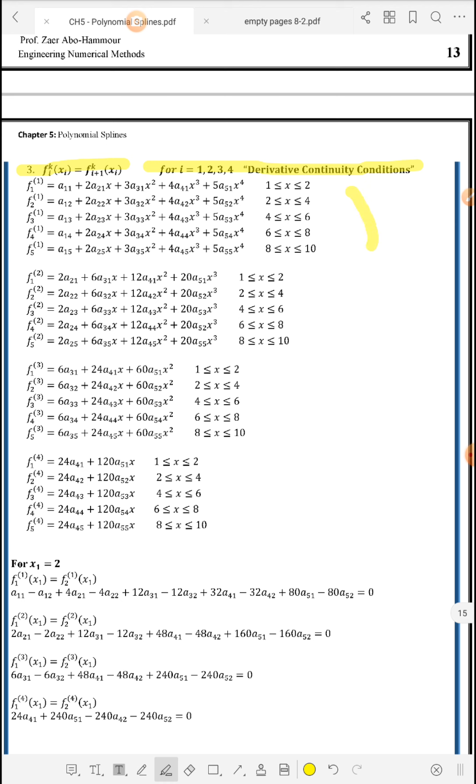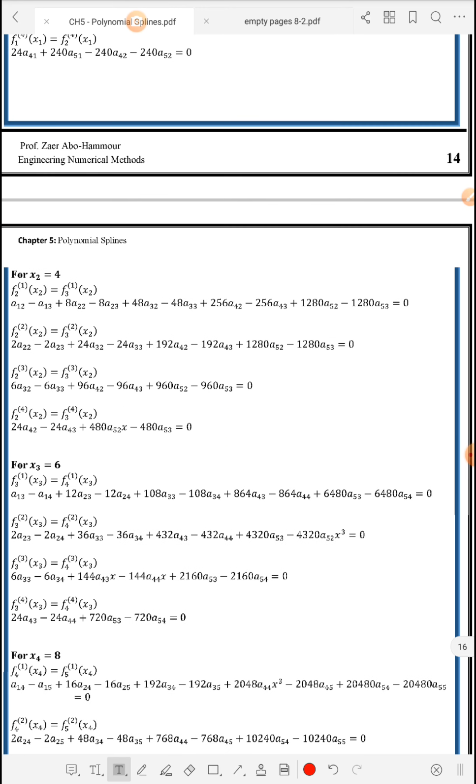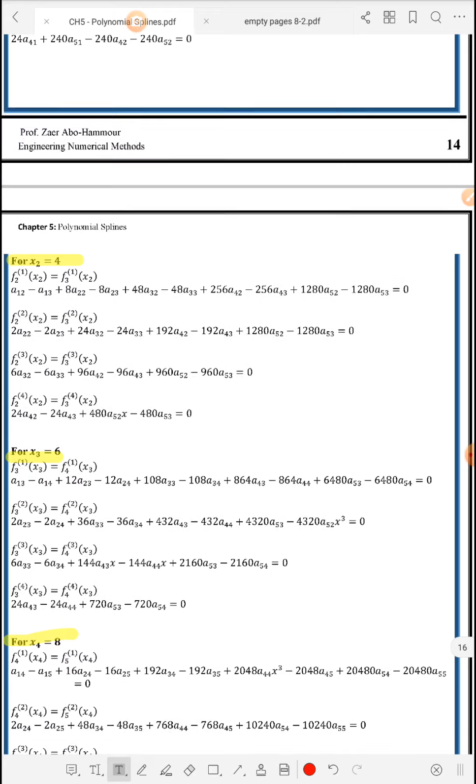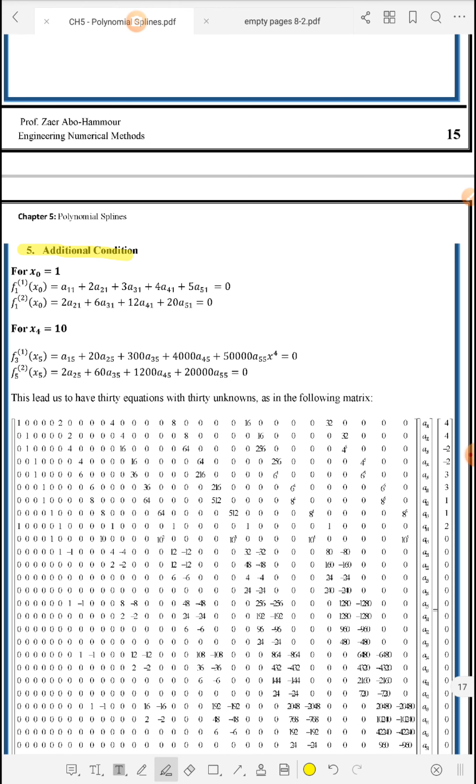This is the first derivative, second derivative, third derivative, and fourth derivative of the splines, and we apply it at each node: the first via point, the second, the third, and the fourth via point, and each point will result in 4 equations. So 4 by 4 will be 16.